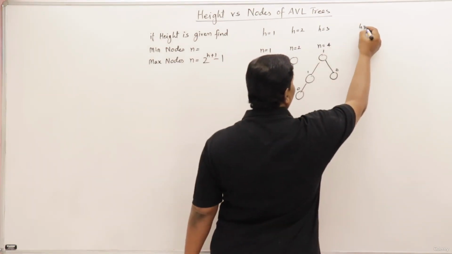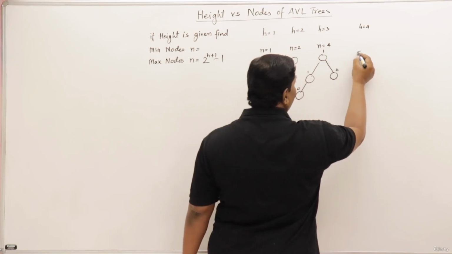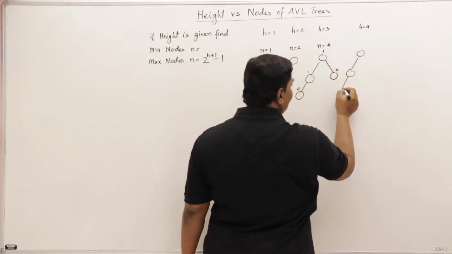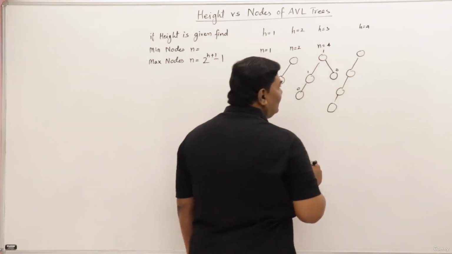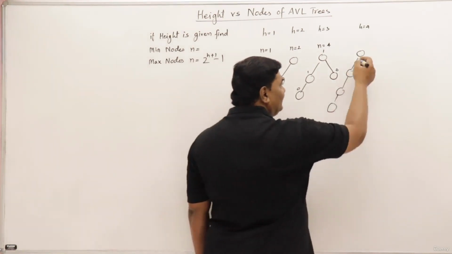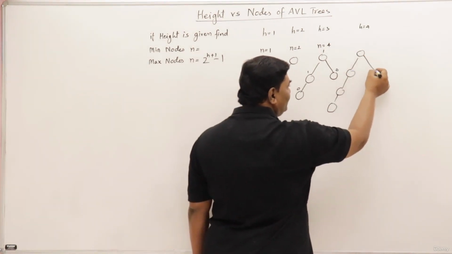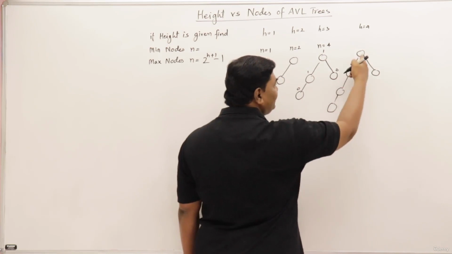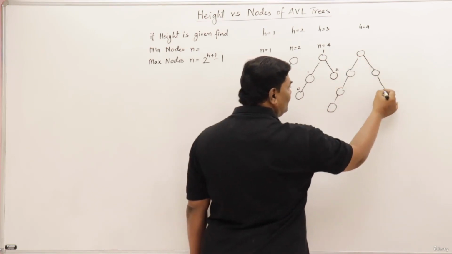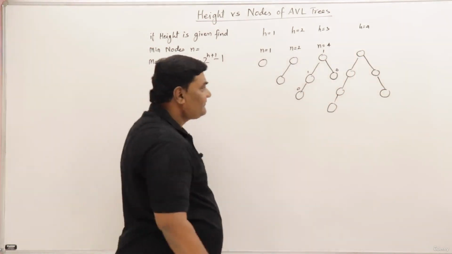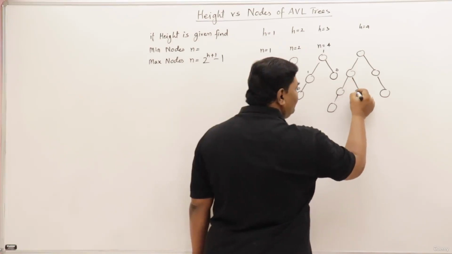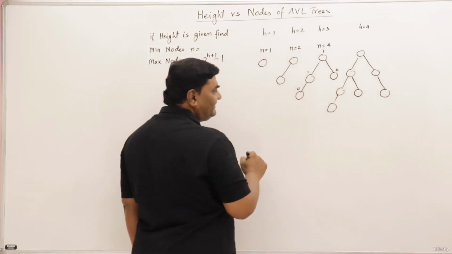Then if the height is 4, minimum how many nodes required? 1, 2, 3, 4. Is it balanced? No. This side I need some nodes. One node, is it sufficient? No, still it is imbalanced. One more node, is it balanced now? Yes. What about this node? This is not balanced. Now everything is balanced.